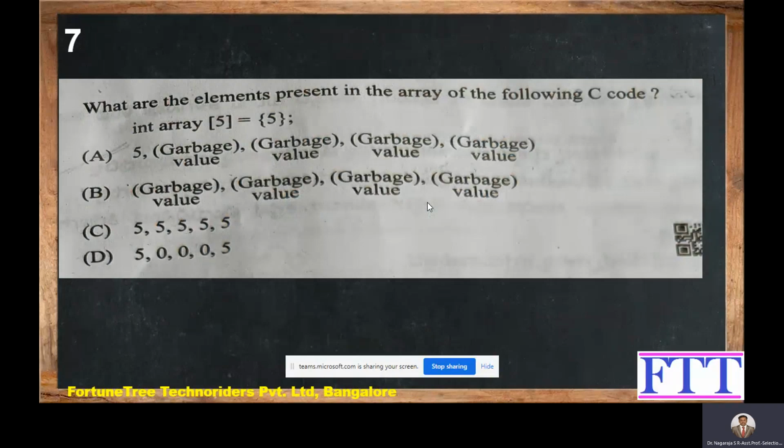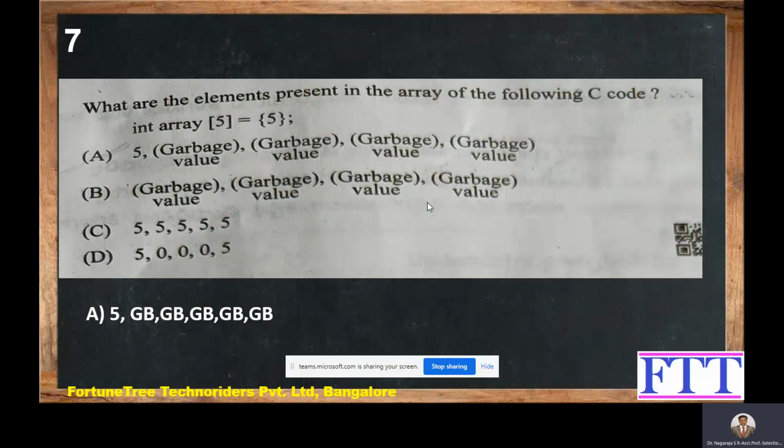Option B, only 4 elements they mentioned, all the values are garbage values. Option C, 5, 5, 5, 5, 5. Option D, 5, 0, 0, 0, 5. Right option is option A, 5 followed by the remaining 4 places being garbage values. So option A is the right answer.